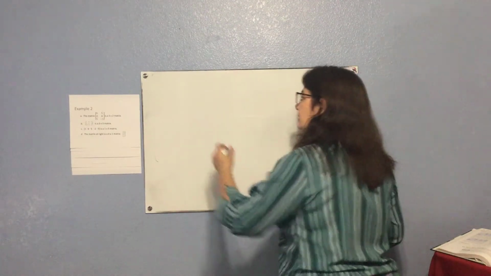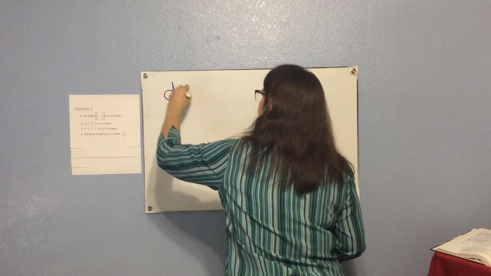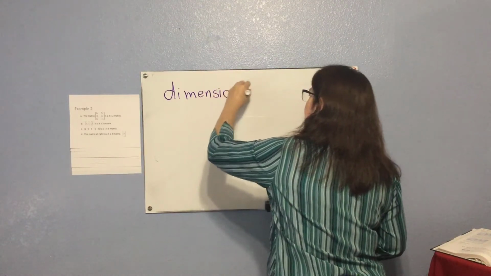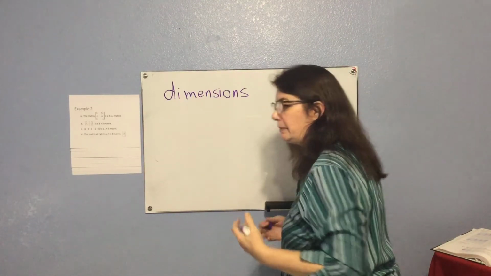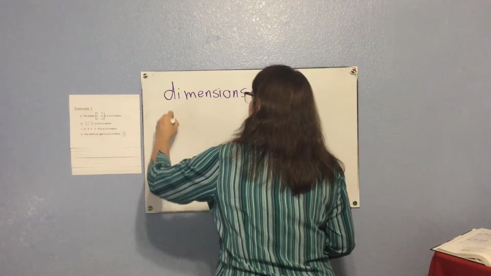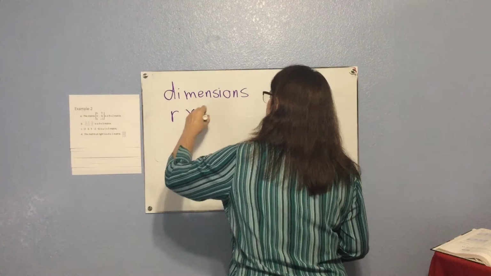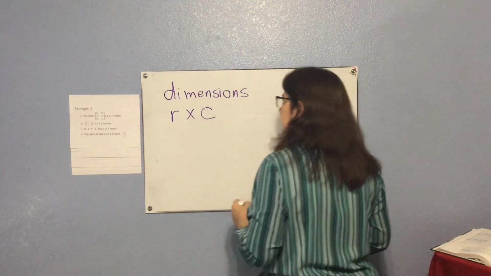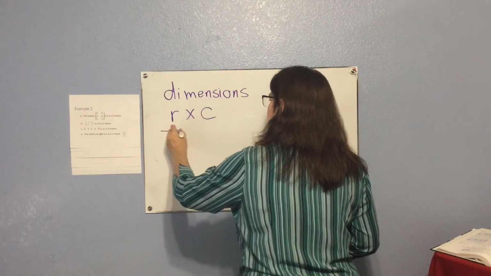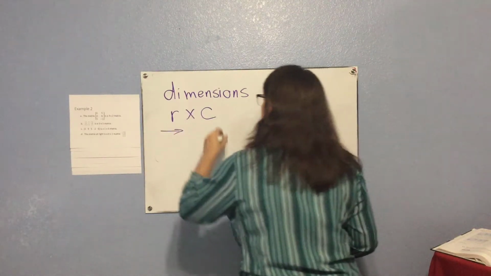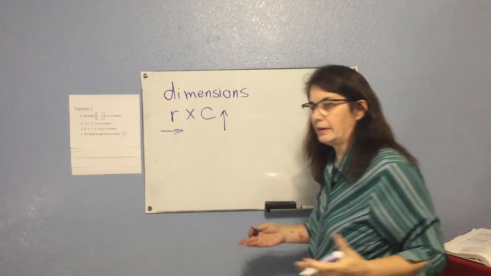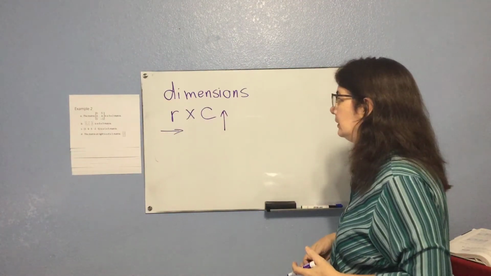A matrix has dimensions, which tells us how many rows and how many columns. And we always write the dimensions, rows first and then columns. A row is horizontal and a column is vertical, just like the column on a building is vertical.